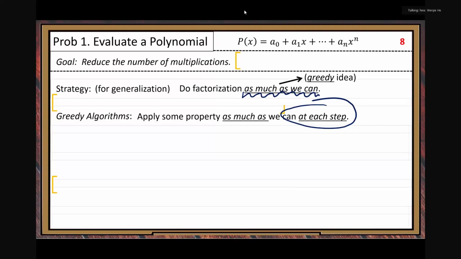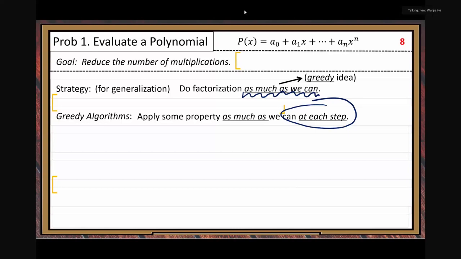But when you apply the greedy strategy, in each step you apply some property as much as you can. In the next step, apply the greedy strategy as much as you can again. Then you put all the steps together, and you'll find a solution. This approach we call the greedy algorithm.